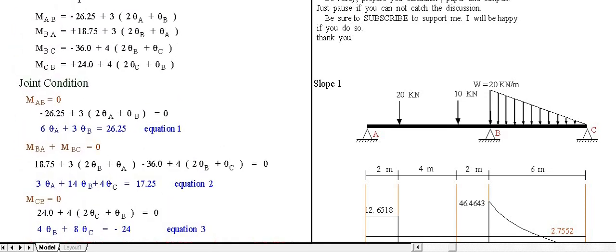Here, theta AB, substitute the A and B here. The values of moment AB is 0. Then the values of CB here is 0. I need only the value of moment at B or BC.